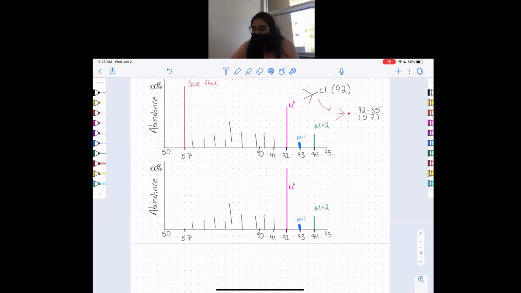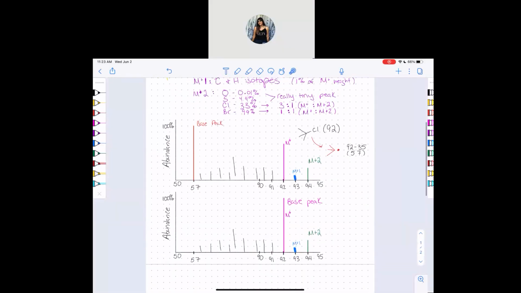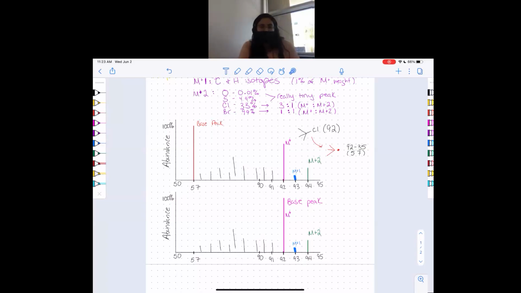Now this pink one is both the base peak and the M+ peak, and everything else would be exactly the same. That just means the molecule didn't fragment. It's just the entire molecule itself. So it's saying the most stable possible thing is no fragments, the way it is naturally. Okay.